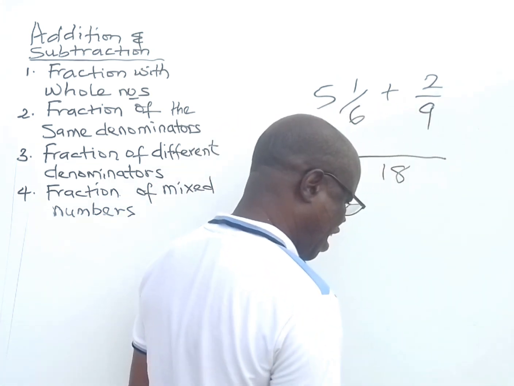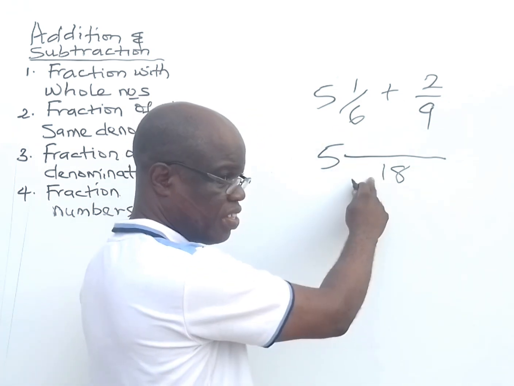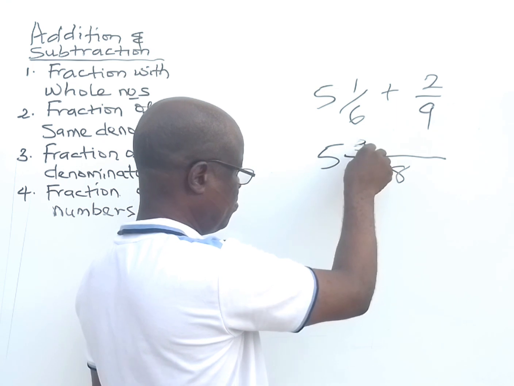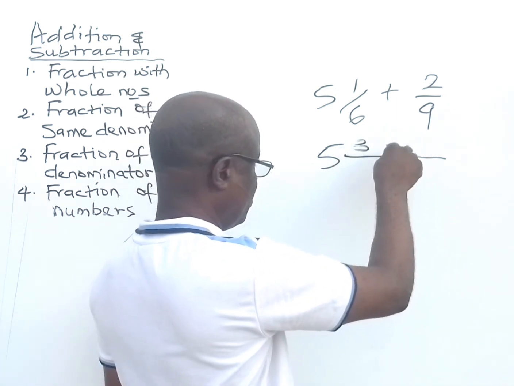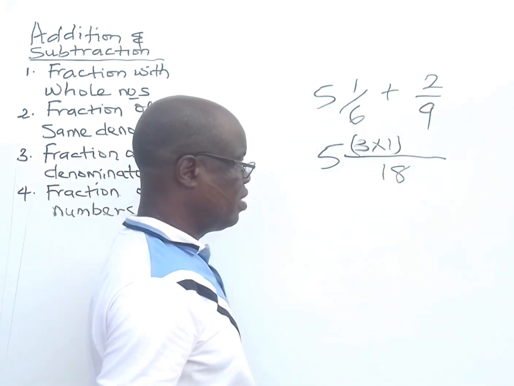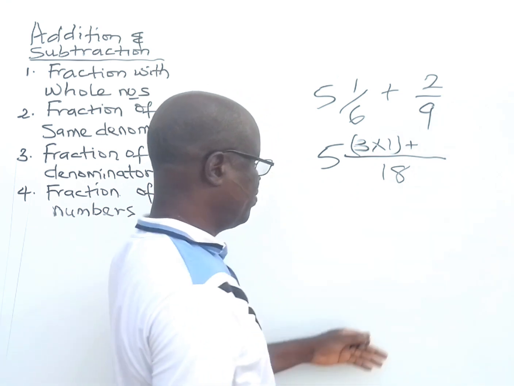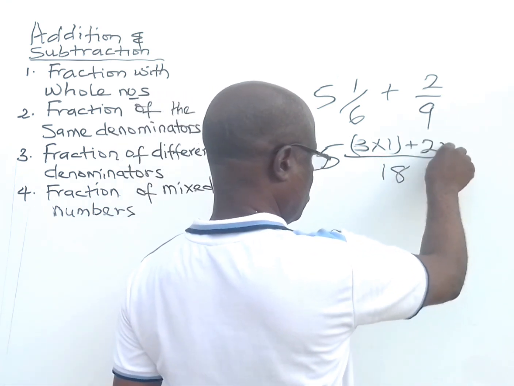How many times does 6 go in 18? We have 3. Then that's 3 times 1 here. Then plus, how many times does 9 go in 18? You have 2, so 2 times 2.